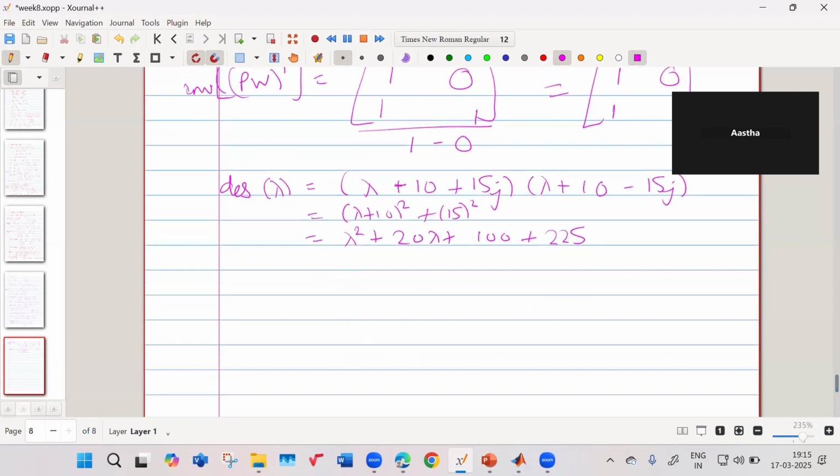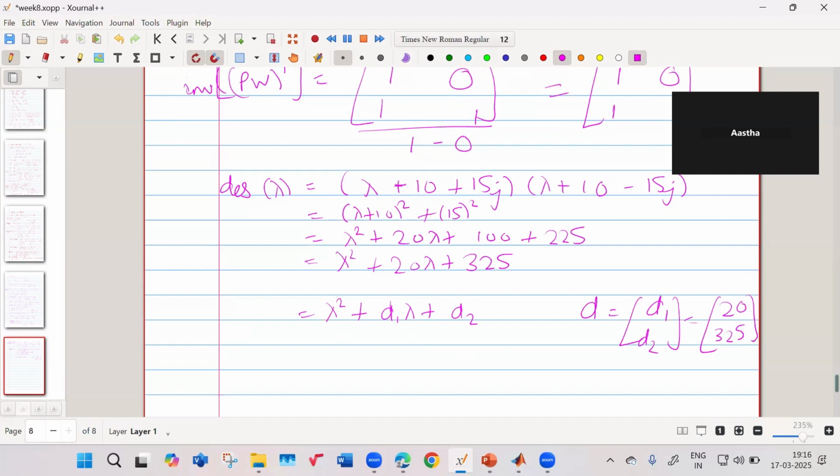So that becomes lambda square plus 20 lambda plus 325. We desired lambda square plus d1 lambda plus d2. So our d, which is d1, d2, comes out to be 20 and 325.